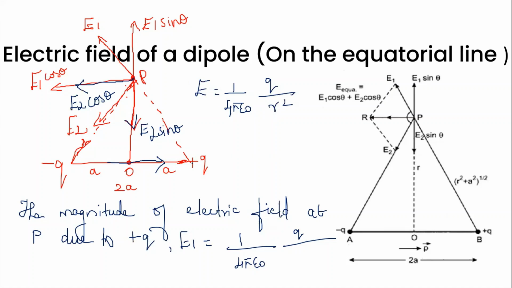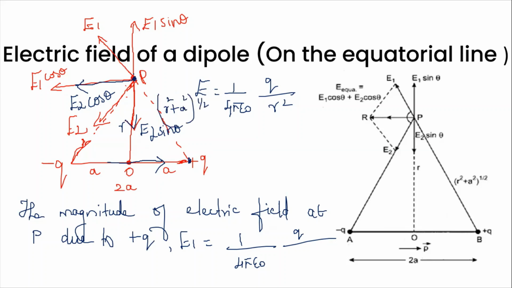Now you need to find the distance from this point to this point. This distance is taken as R; the distance between O and P is taken as R. So what will be this distance? According to Pythagoras theorem, it will be r square plus a square the whole power 1 by 2.